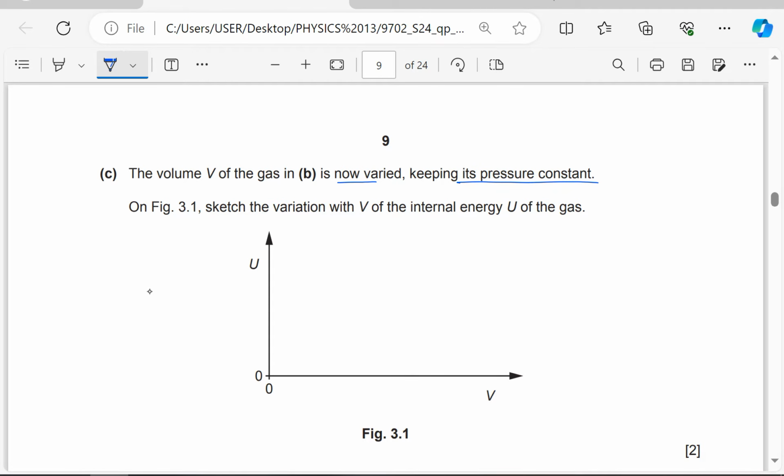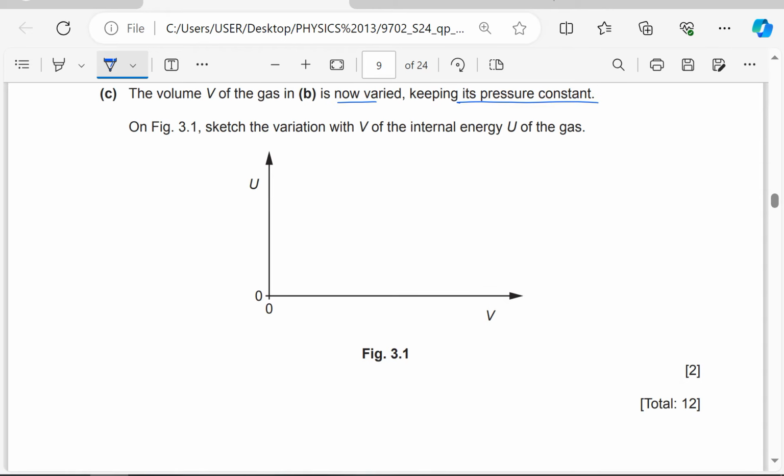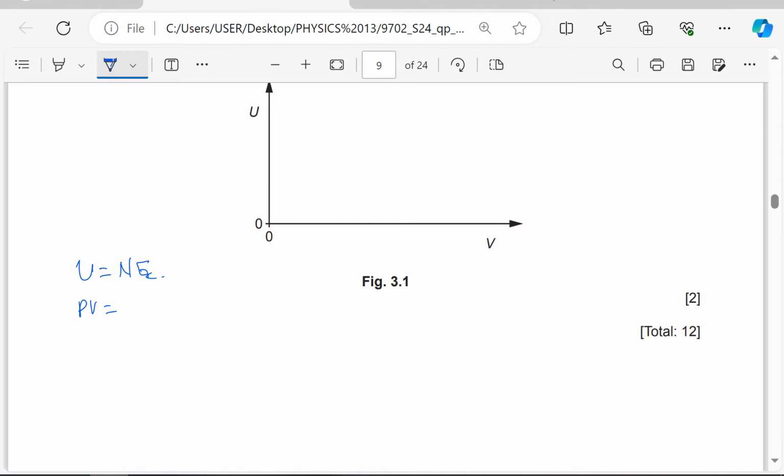gas. So we have already seen that internal energy U is equal to the number of molecules times the kinetic energy. But I also want to take you back to this. Remember, PV is equal to a third N m mean square speed. This one is given in the list of formula.